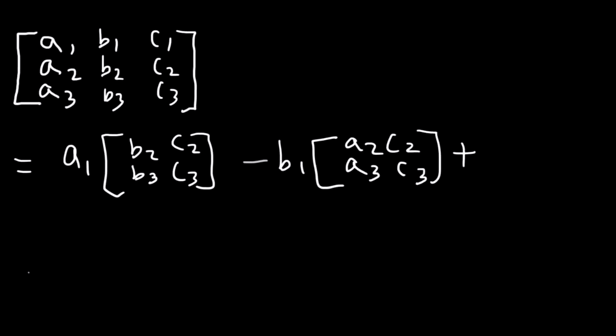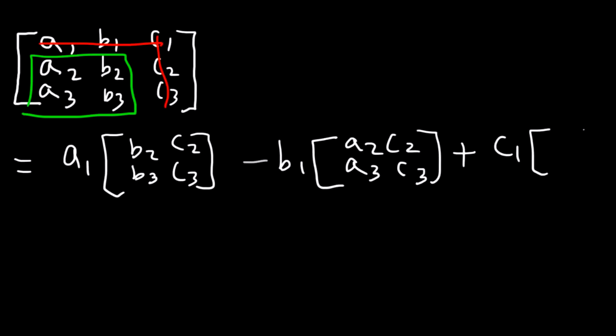And then plus, the next one is going to be C1. C1 is in row 1, column 3. So what we have left over is A2, B2, A3, B3. So it's going to be C1, A2, A3, B2, B3. And then you know how to evaluate a 2x2 matrix because we covered that already.